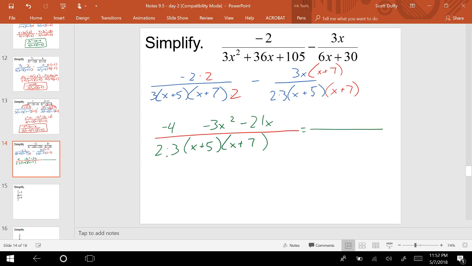Rewrite this, take the 2 times 3 and simplify that, so I can have, in standard form, negative 3x squared minus 21x minus 4, all over 2 times 3 is 6, times x plus 5 times x plus 7.